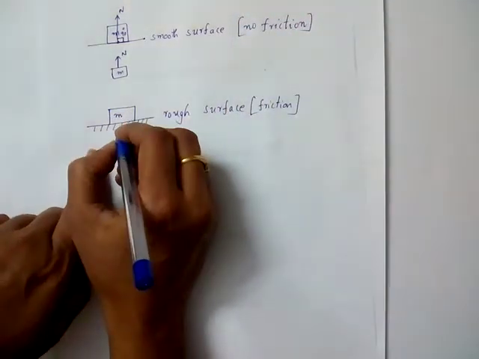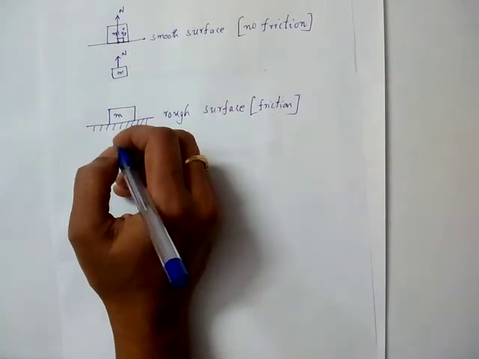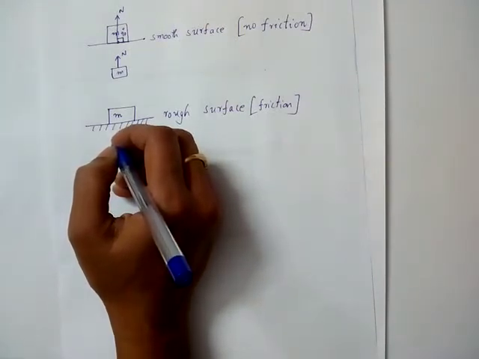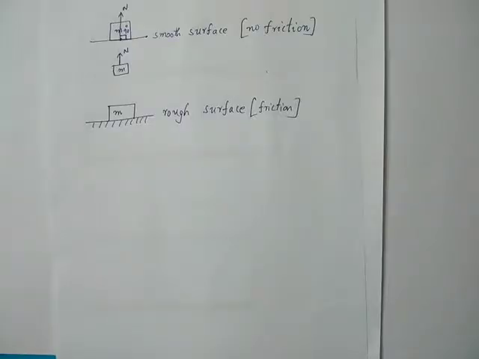Now friction is always parallel to the surface and it acts in the opposite direction for the relative motion. Okay, it opposes the relative motion of the body. Frictional force always acts parallel to the surface and it is opposite to the relative motion of the body. It opposes the relative motion of the body.